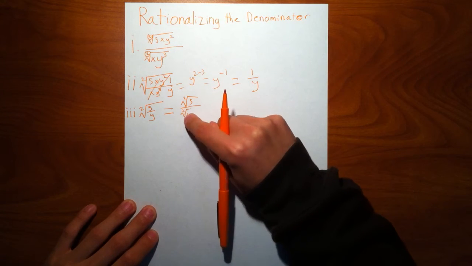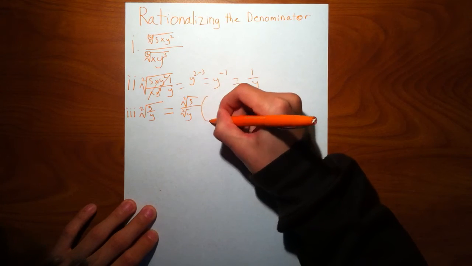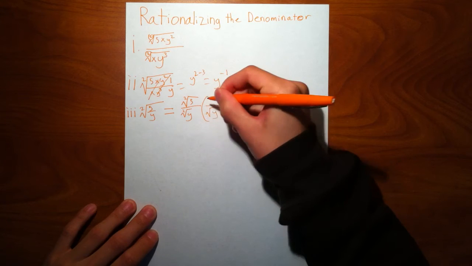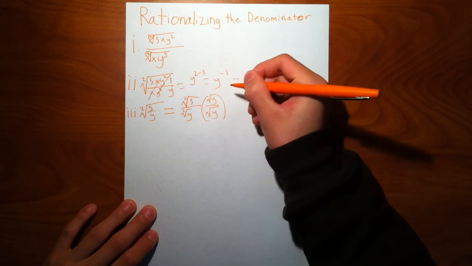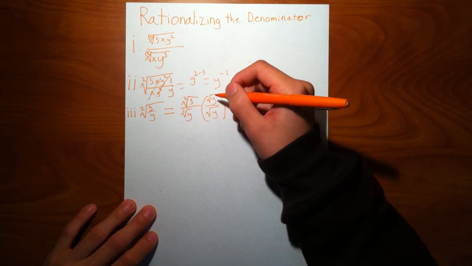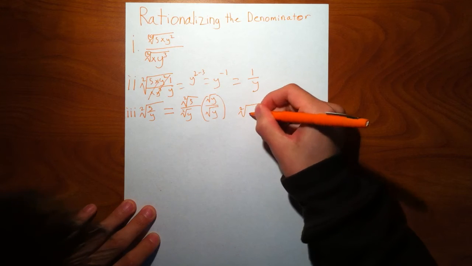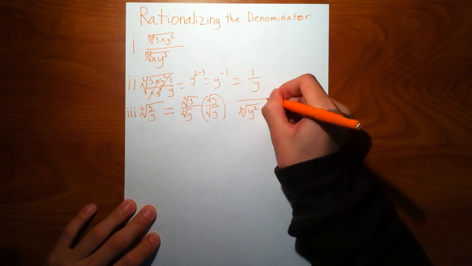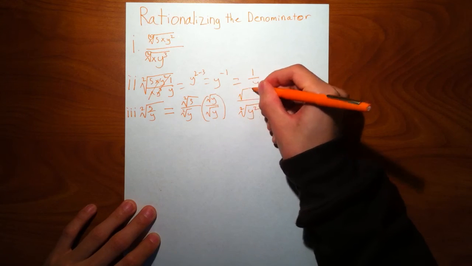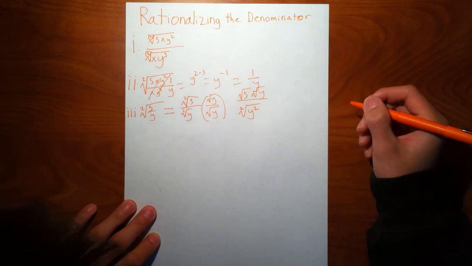So what we can do to fix this is multiply by 1. In this case, the square root of y over the square root of y. This makes the square root of y squared and square root of 5 times the square root of y.